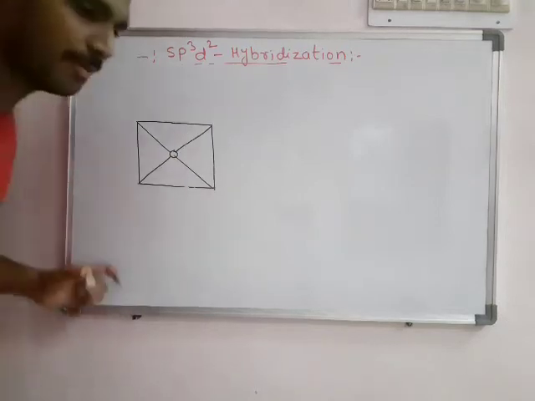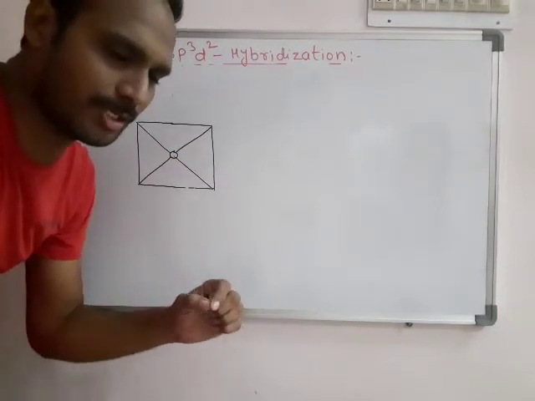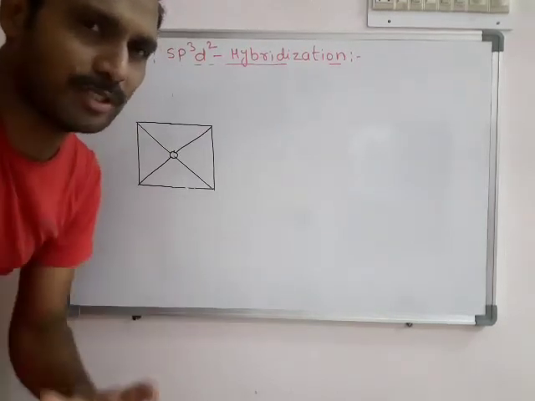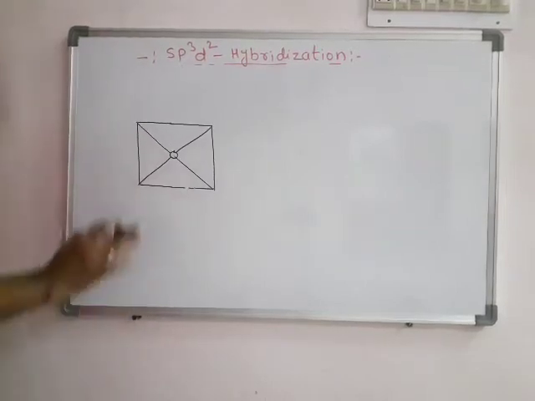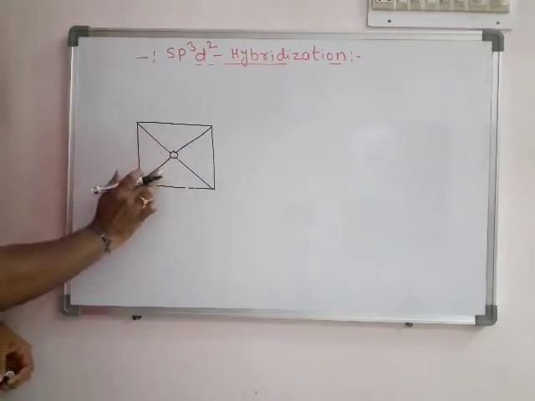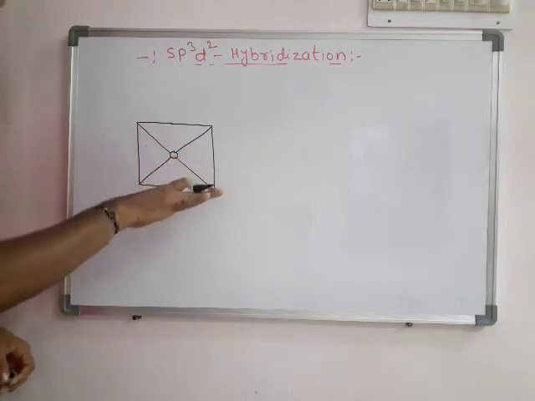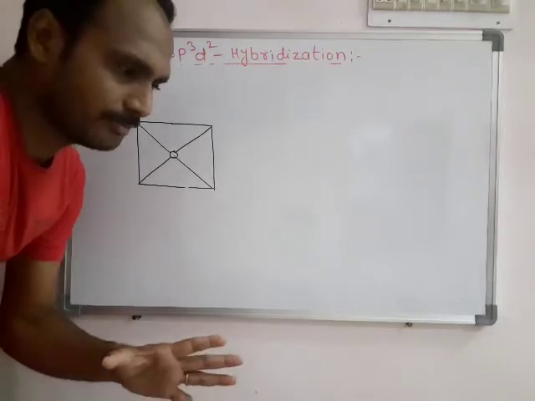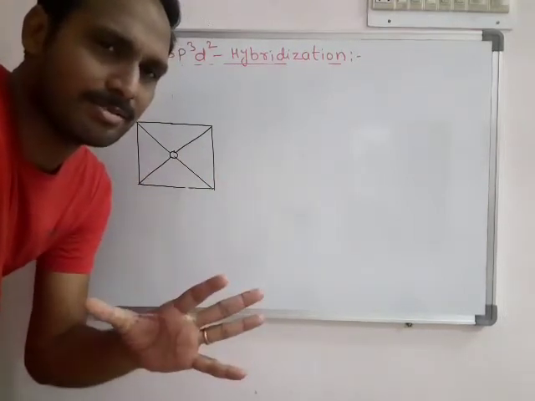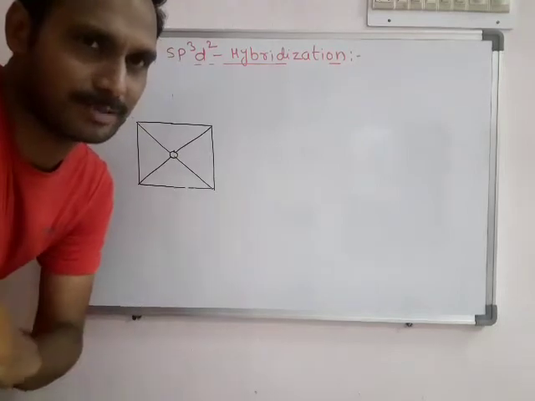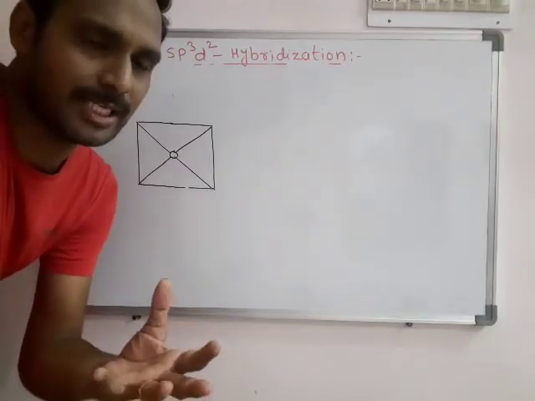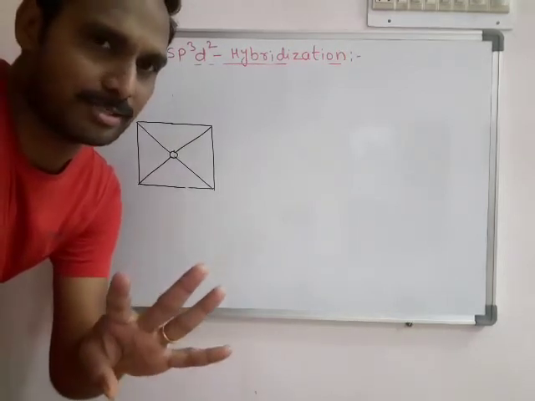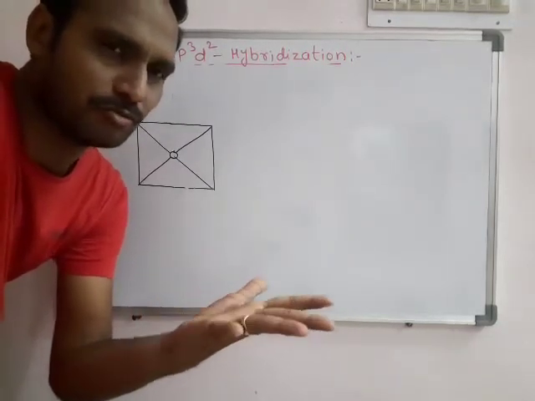It is not easy to draw the hybrid orbitals, but we are drawing the direction of the hybrid orbitals. First direction, second, third, fourth. These 4 are present in one plane. It is just like imagine a ceiling fan having 4 wings. Generally we use ceiling fans with 3 wings, but in rare cases some fans have 4 wings.